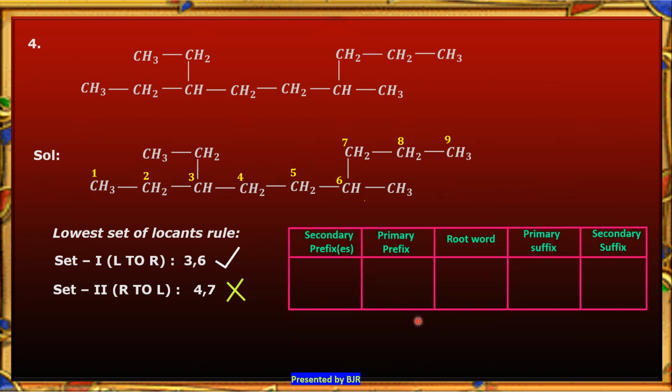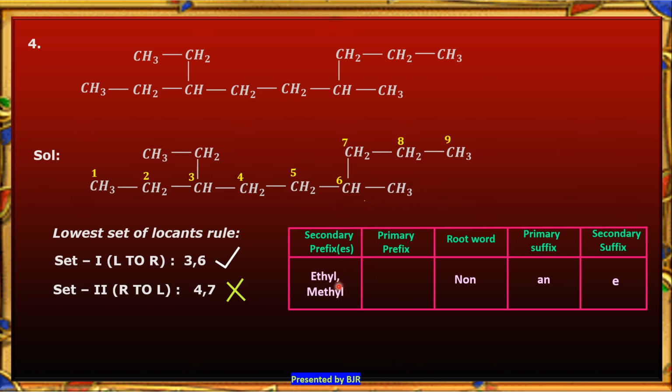Now in this parent chain, 9 carbon atoms are there. Then the root word is non, and primary suffix an, secondary suffix e. I already explained about these things. Now secondary prefixes, 2 substituents have been attached to this chain, one at third carbon and another one at sixth carbon.